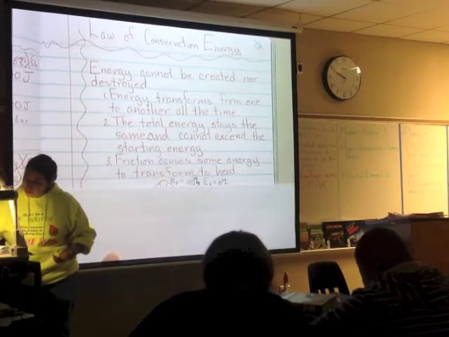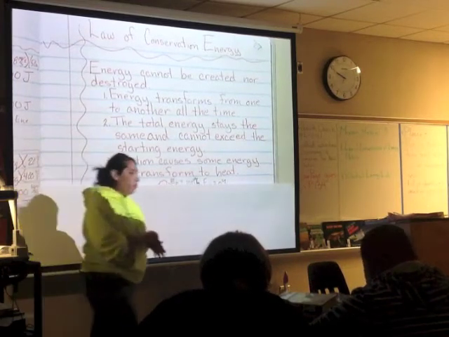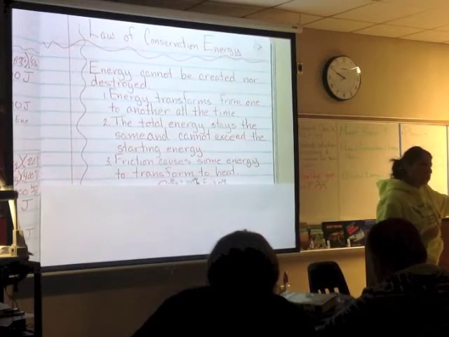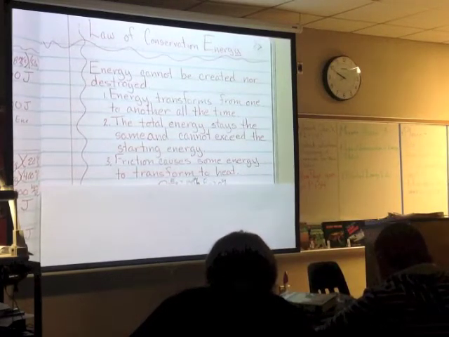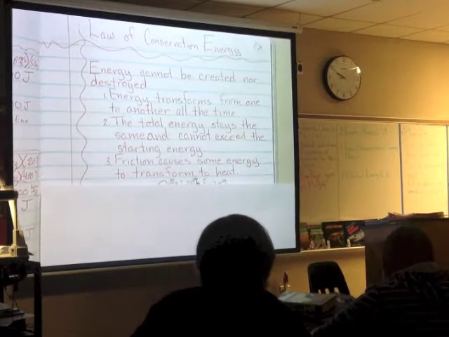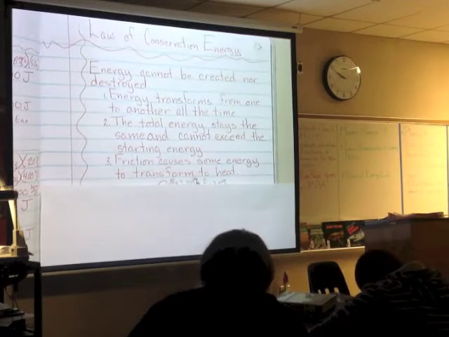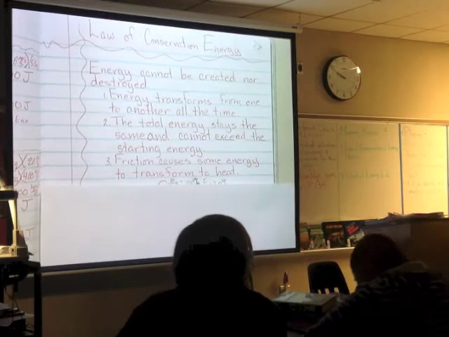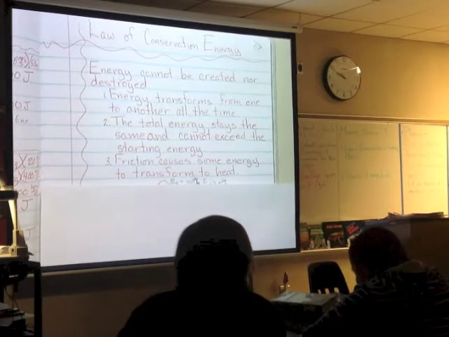Now, most people say, but wait, I dropped that bouncy ball, or I dropped the tennis ball yesterday and it didn't come all the way up. And remember I said the reason for it is because energy got transformed into other things, right? One of the things is that every single time objects interact with other objects, there's friction.